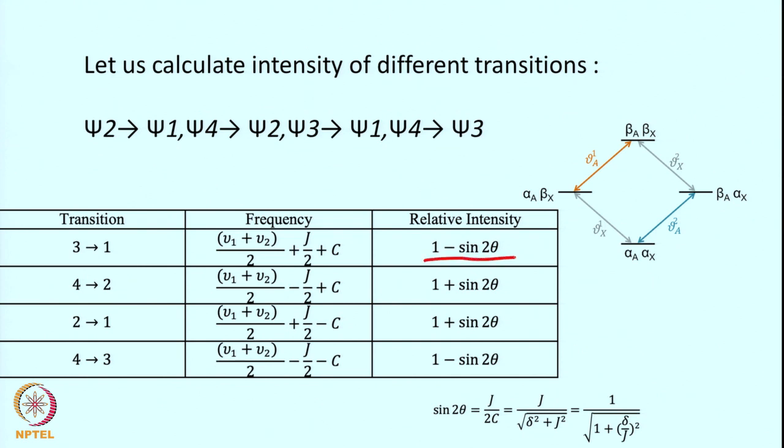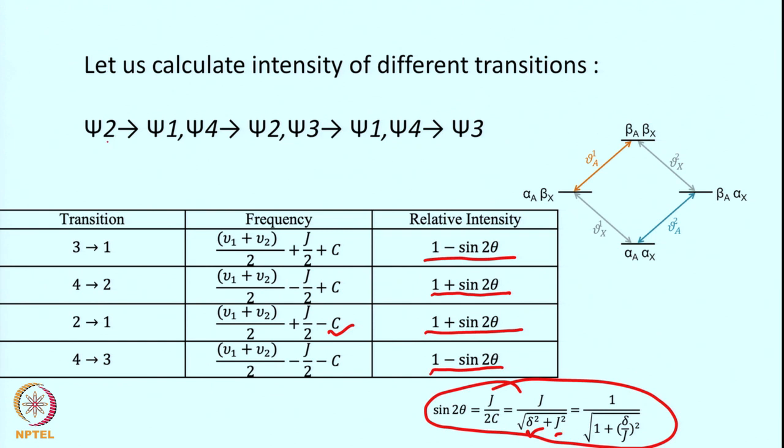So, the relative intensity will be 1 minus sine 2 theta, then 4 to 2 will be frequency minus J by 2 plus C, and the intensity will be 1 plus sine 2 theta. 2 to 1 will be again here, these will be added, and then constant C here, that will be 1 plus sine 2 theta, and 4 to 3 will be transitions like this, where sine 2 theta can be explained in this term, where this is the difference in the chemical shift, this is the coupling constant value.